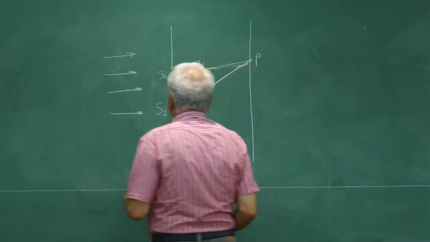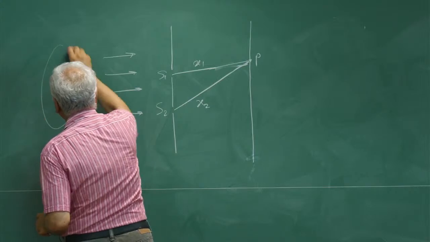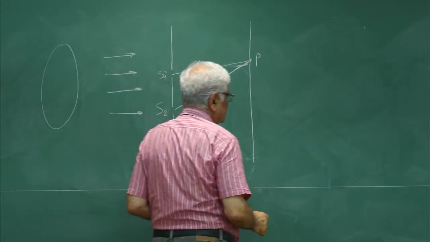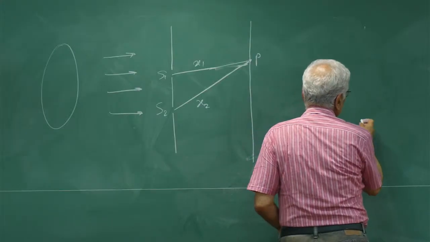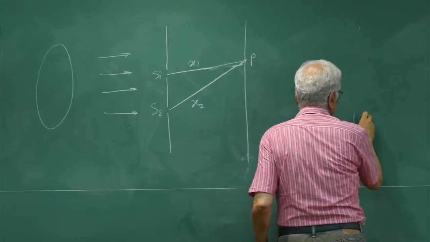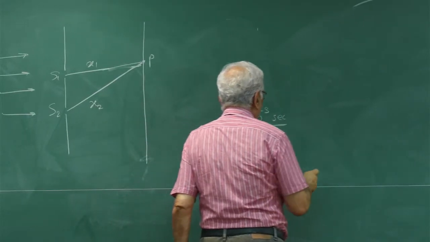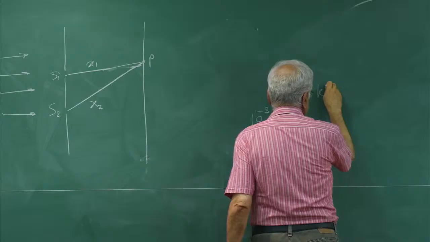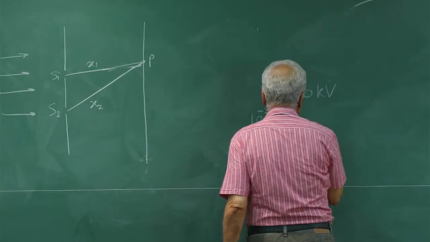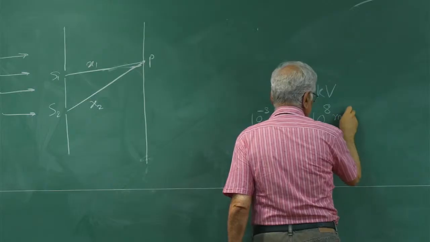So there is a source which is emitting electrons. Suppose typically two successive electrons are emitted in an interval of 10 raised to minus 3 seconds. At 50 kilovolts, for example, the average velocity is 10 raised to 8 meters per second.